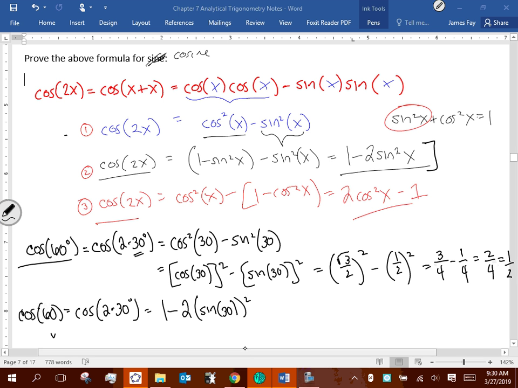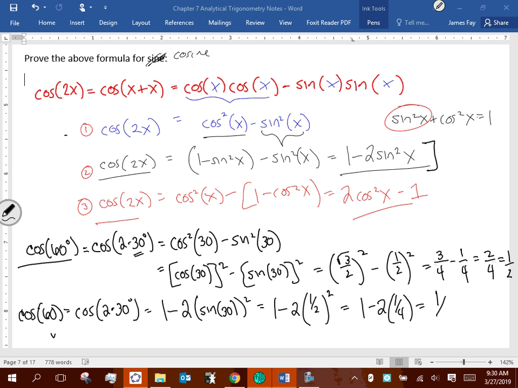Does that make sense? It's 1 minus 2. What's the sine of 30? 1/2. And we're going to square that, right? So 1 minus, what's 1/2 squared? 1/4. What's 1 minus 2 times the 4th? 2 times the 4th is 1/2, so 1 minus 1/2.